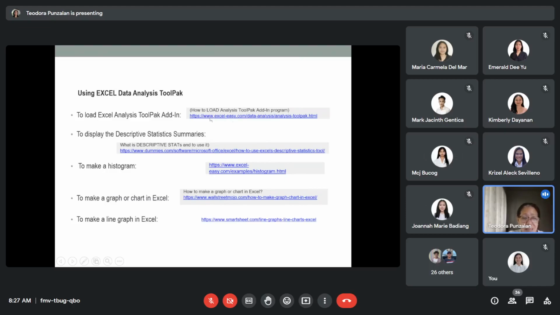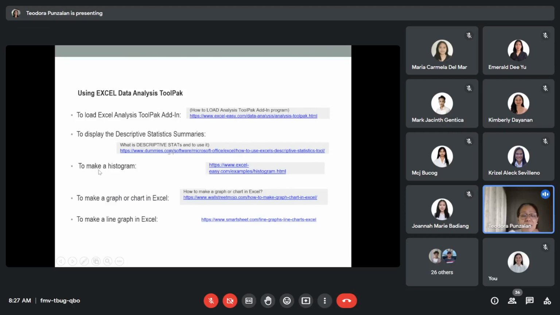I had one, but I discarded it, since my laptop is not a Mac. So, class, just search for the instructions for Mac. This is for non-Mac laptops. Loading the Excel Analysis ToolPak, just read the link, and displaying the descriptive summaries could be easily done.